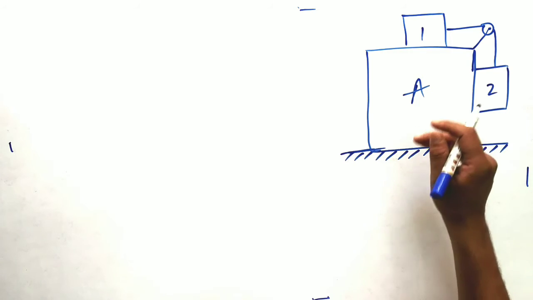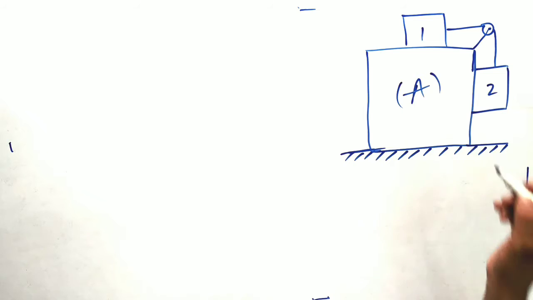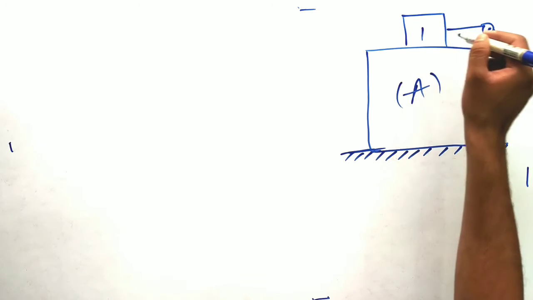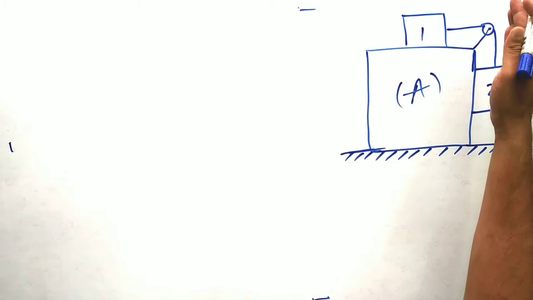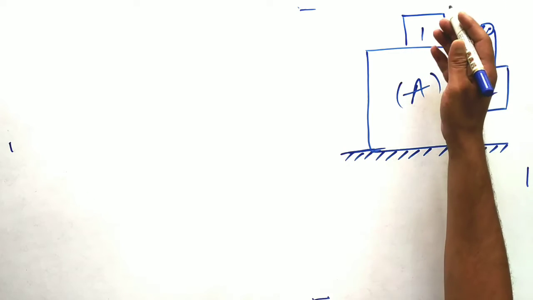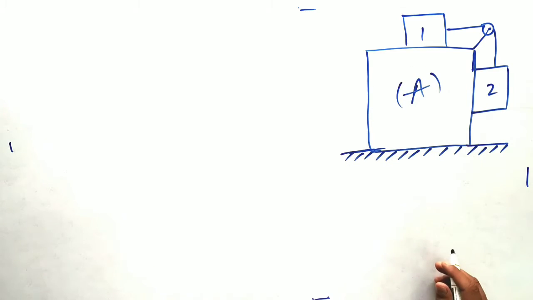We are talking about A being pushed with minimum acceleration. In that way, we should understand that the block 1 has the tendency of moving ahead instead of moving back when A was pushed very hard.